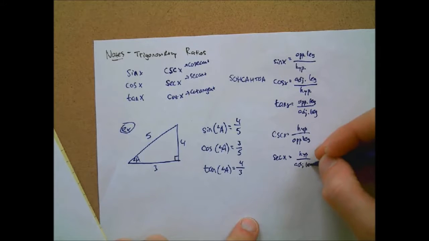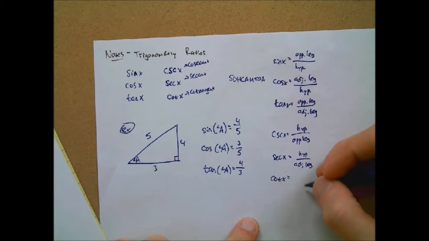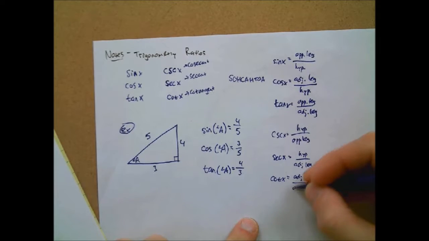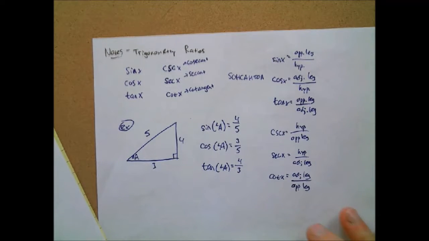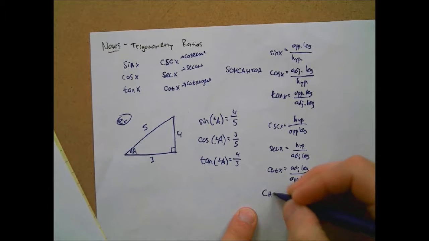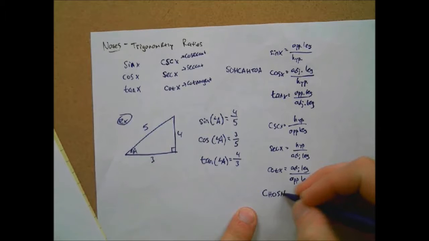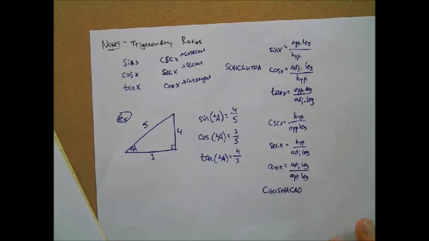And then cotangent would be equal to the adjacent leg over the opposite leg. And if you want a mnemonic device for that, it would be Cosecant. Not very helpful. But there it is. You can just basically do your SOHCAHTOA and then just reciprocate stuff.